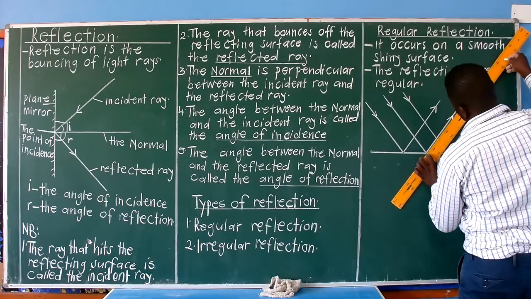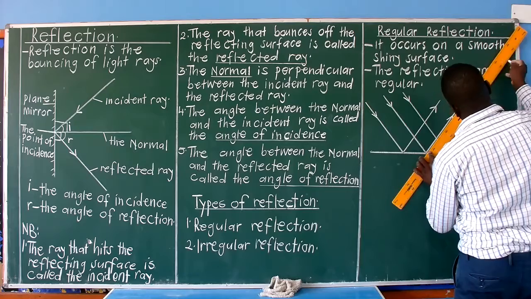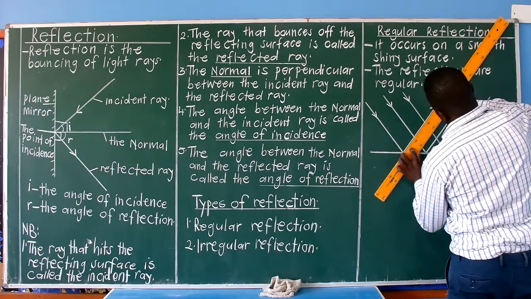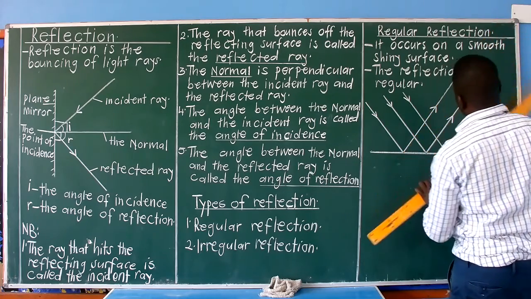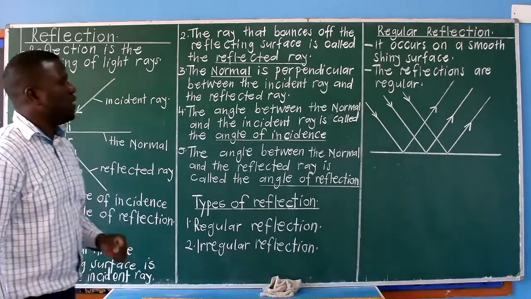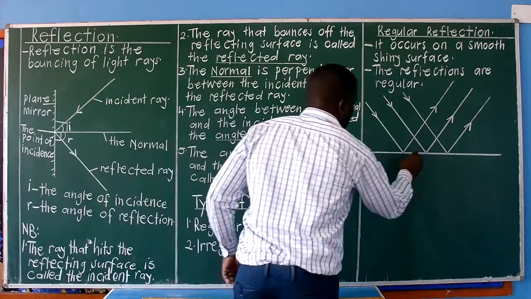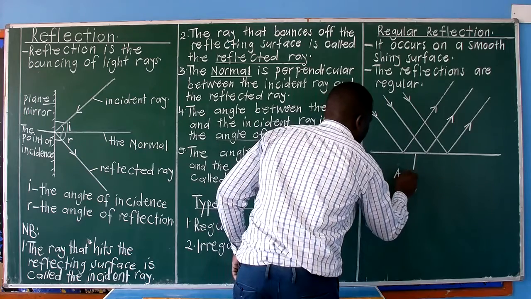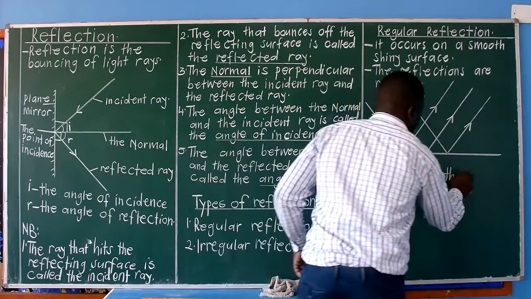And we said regular reflection occurs on a smooth, shiny surface. So that's what we call regular reflection. So this one is a smooth, shiny surface.